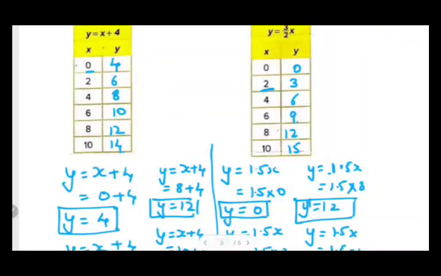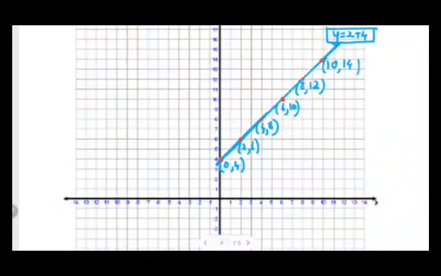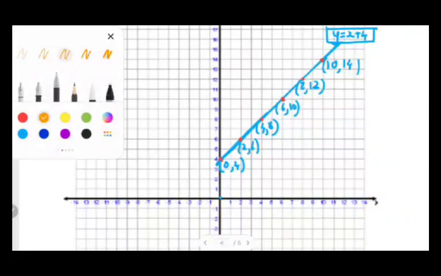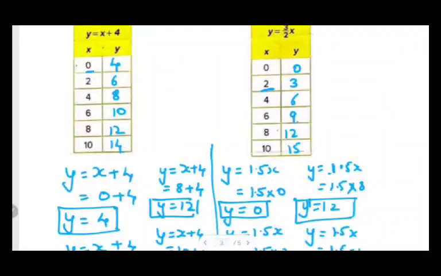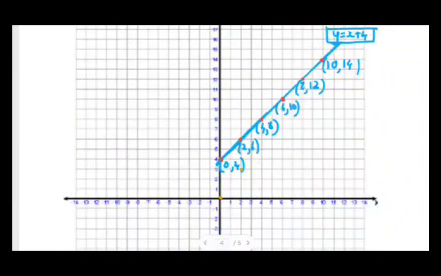0 and 0, it starts from here. Then 2 and 3. Then 4 and 6, right here.